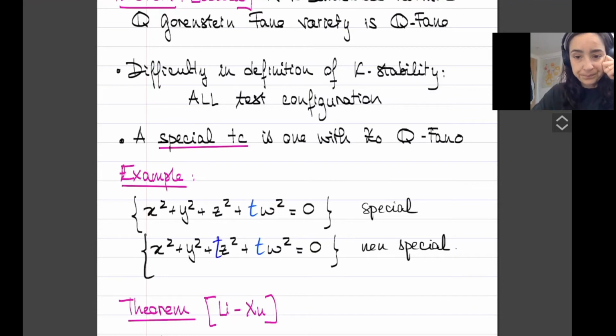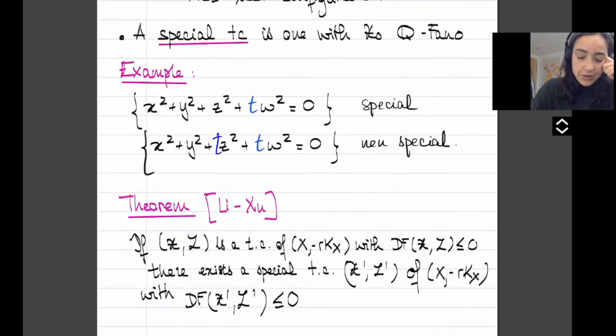Okay, so the theorem due to Li and Xu is that if you have a test configuration of X, minus r K_X, which has negative or zero Donaldson-Futaki invariant, then you can find a special test configuration with negative or zero Donaldson-Futaki invariant.